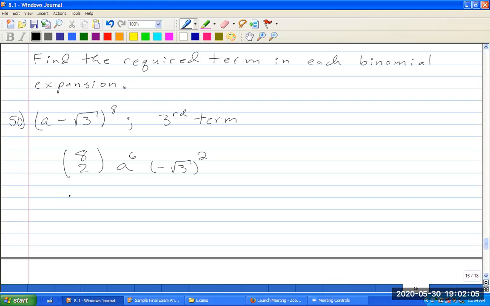So I have to figure out what 8C2 is. It's 8 times 7 over 2, so 4 times 7 is 28. So this is 28 a to the 6 times negative root 3 squared, which is 3. And so this is 84 a to the 6.